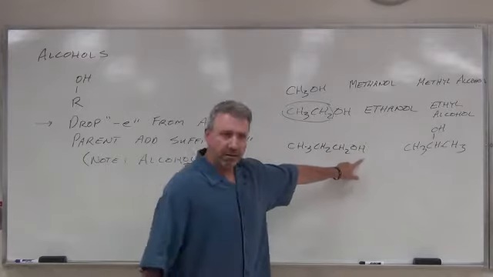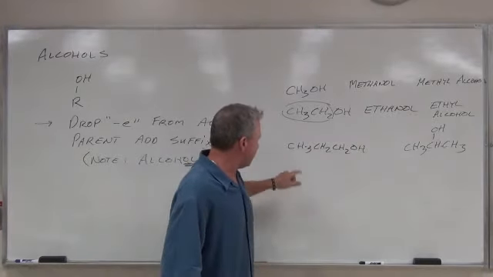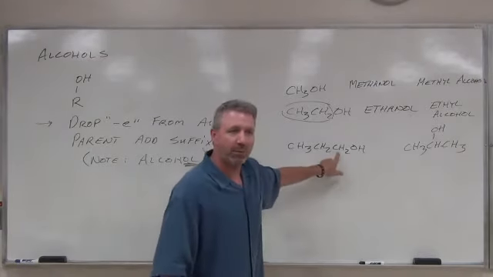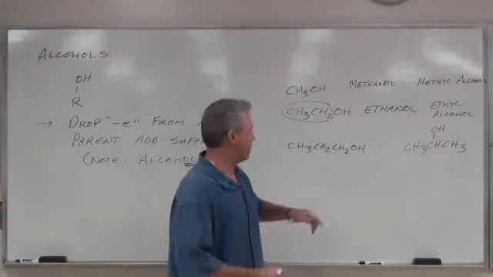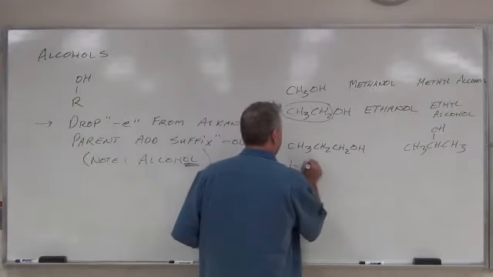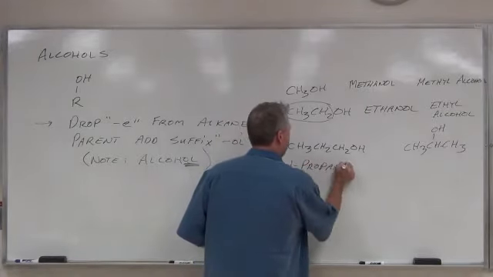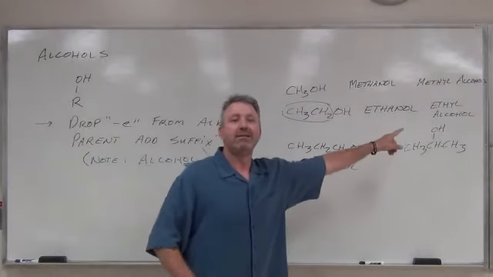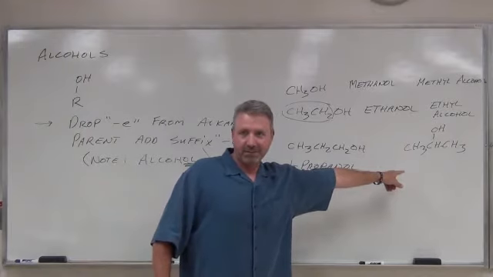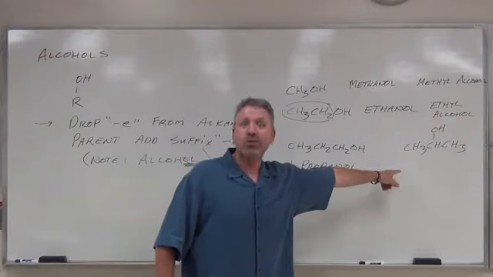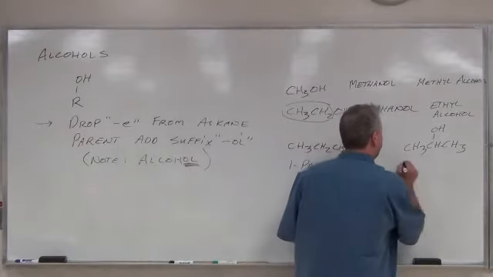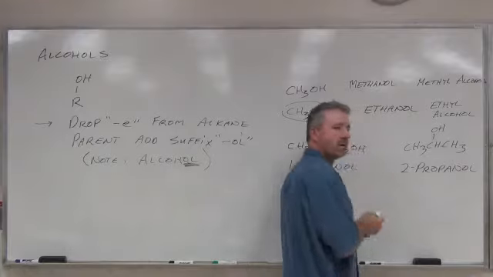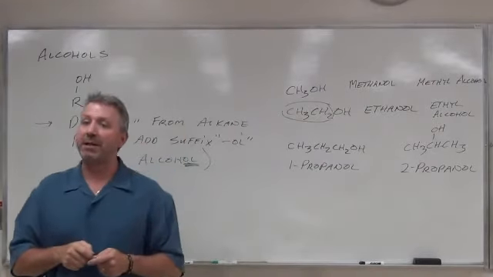So again, the longest carbon chain here is 3. The OH group is on carbon number 1. Right? So this would be 1-propanol. Because that one can be 2-propanol, right? This one's 2-propanol. Right? But they do have common names.